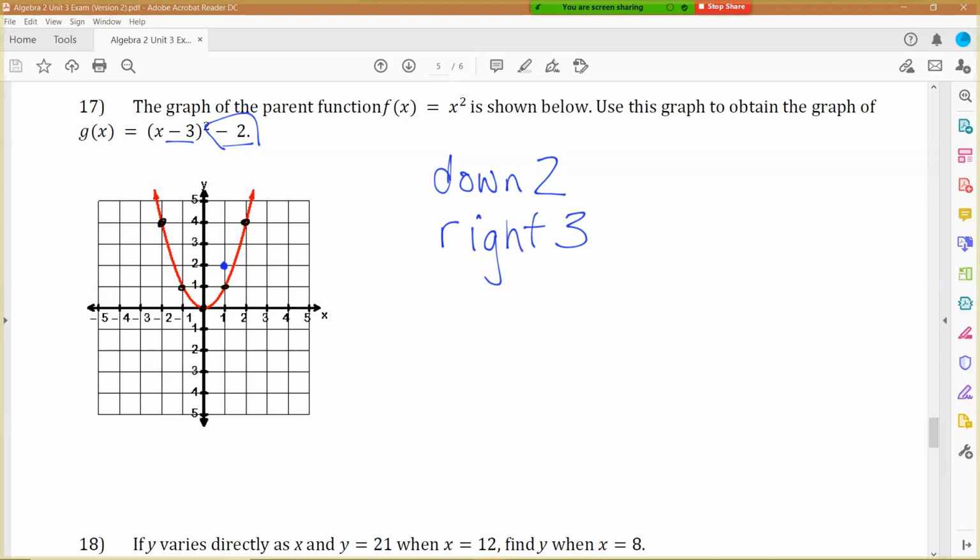Then we're going to go to the next one. We're going to go down 1, 2, right 1, 2, 3, and it's going to end up right here. So this point down 2, right 3 ends up right there. We're going to keep doing that with all 5 points. So take the bottom one, go down 2, right 3.